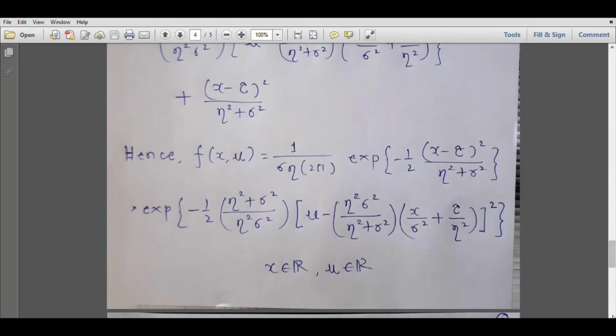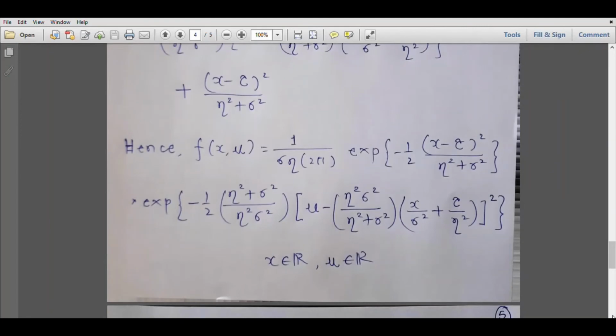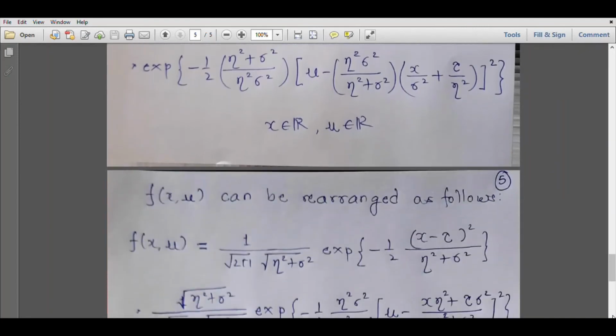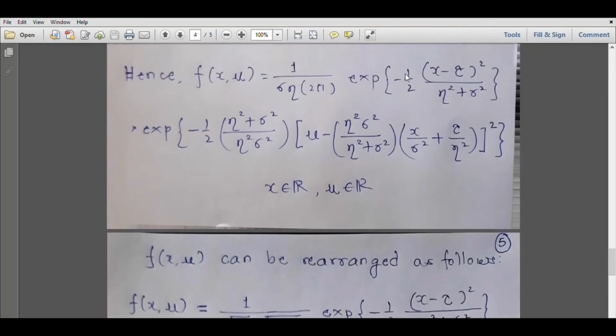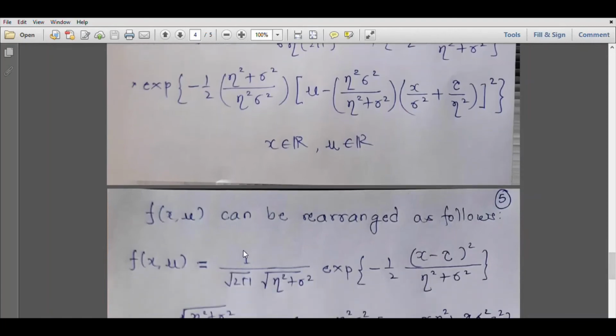And why we are doing this, that too will be clear to you in a few seconds. Since this term somewhat looks like a normal PDF, I am making some adjustments. This 2 pi I am splitting as root 2 pi root 2 pi. One of the roots of 2 pi I am keeping here, so I have 1 upon under root 2 pi, and now I am adjusting this term.